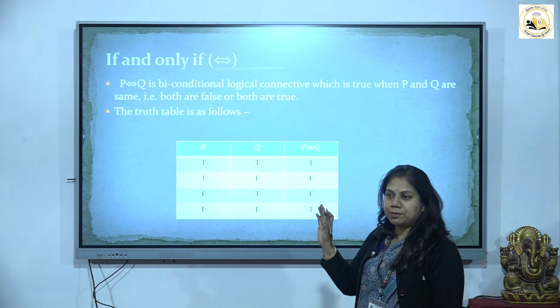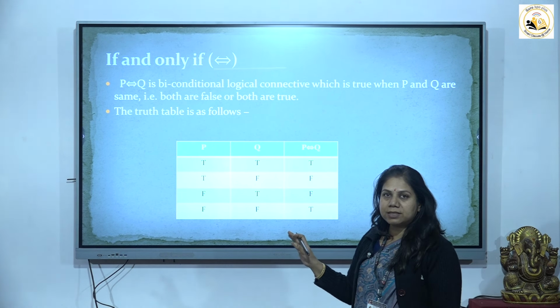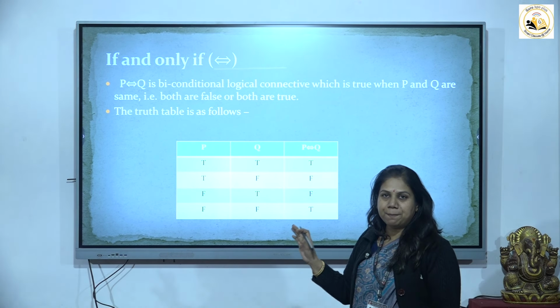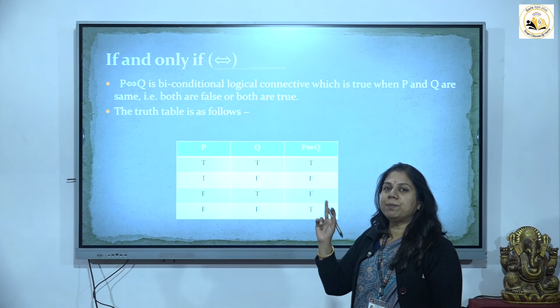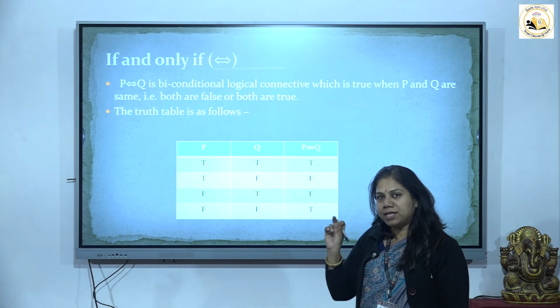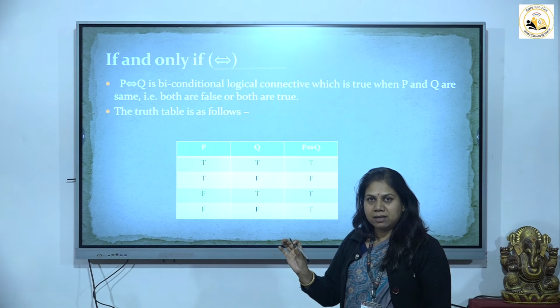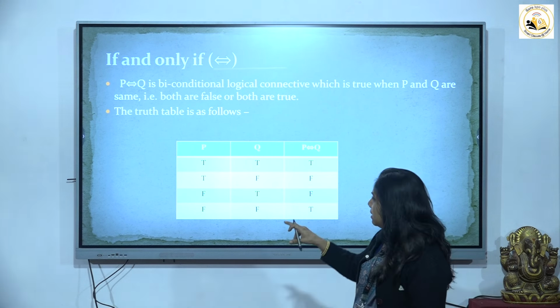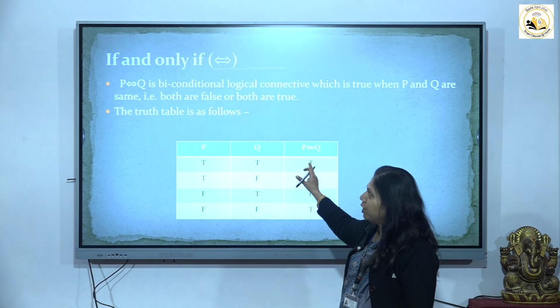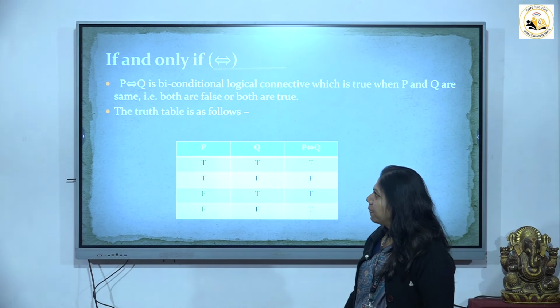Next is if and only if. We can also say this is double sided implication, means P implies Q and Q implies P. The P implies Q statement and the Q implies P statement combined give the P if and only if Q statement, right.